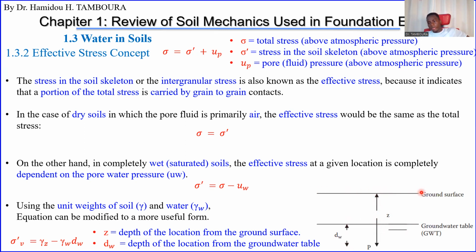This is the ground surface. From the ground surface until the point where you want to estimate effective stress, vertical effective stress. It's better to be precise, vertical. Then this is Z, okay? Again, this means that your soil is uniform.